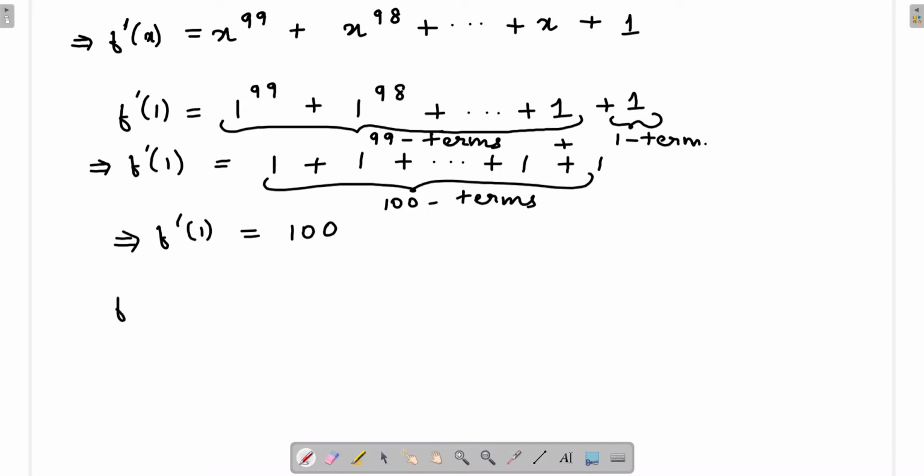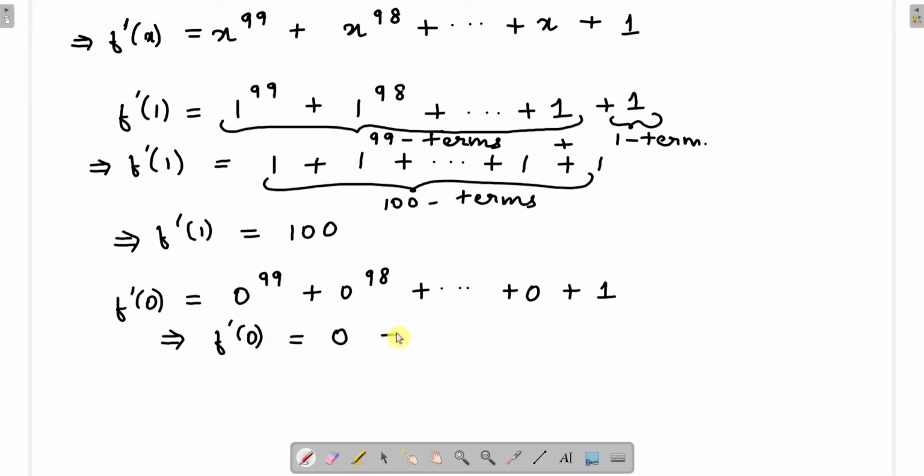Now let us look at f prime of 0. So this will be equal to what? Just substitute 0 in this f prime of x. So that is 0 raised to 99 plus 0 raised to 98 and so on, plus 0, right, plus 1. So you will get f prime of 0 equal to 0 plus 0 and so on, plus 0 plus 1, right?